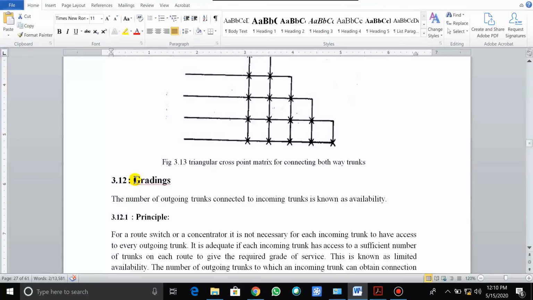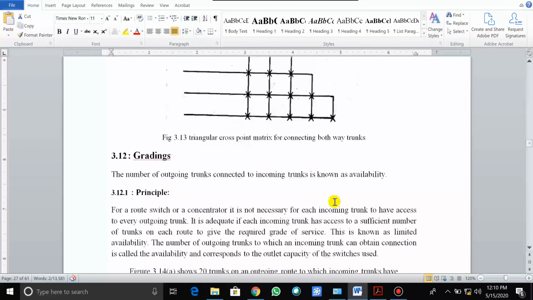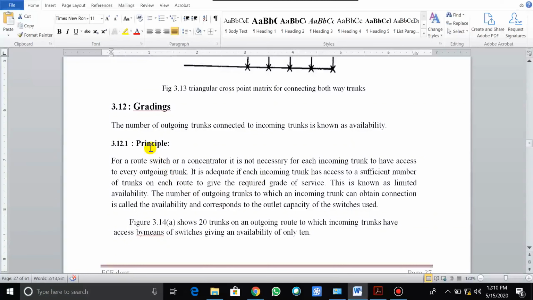Next, grading. The number of outgoing trunks connected to incoming trunks is known as the availability. That means how many trunks are going out and how many trunks are coming in is nothing but the availability. The principle of grading is that for a route switch or a concentrator, it is not necessary for each incoming trunk to have access to every outgoing trunk.